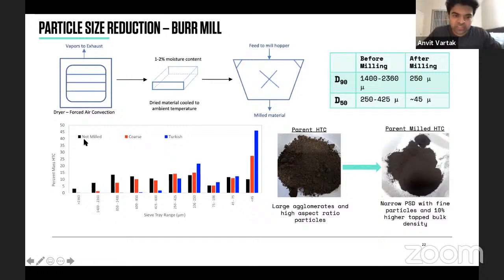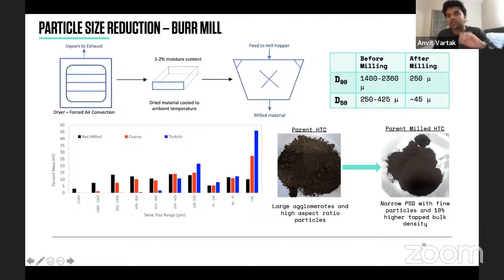And when we see the particle size distribution on it, the coarse and Turkish is the type of mill that we use to break down the particles. So Turkish setting is more effective. And non-milled, we can see that these black bars are so many more in the large micron size ranges. But as you go to this type of grinder or grind size, you start increasing your fine particles. Now we are getting closer and closer to what we want to get to in terms of carbon black.